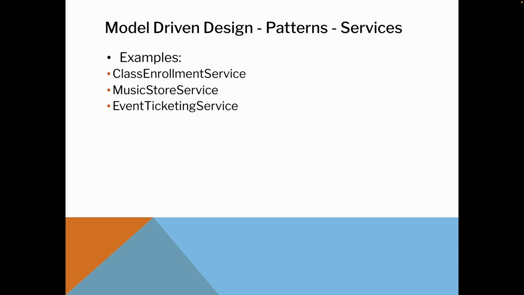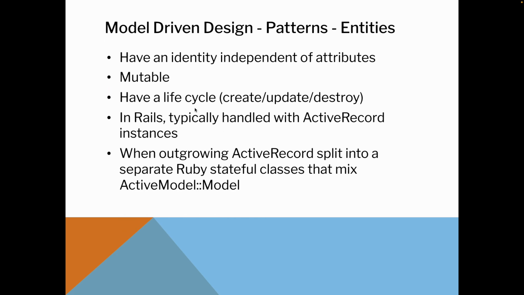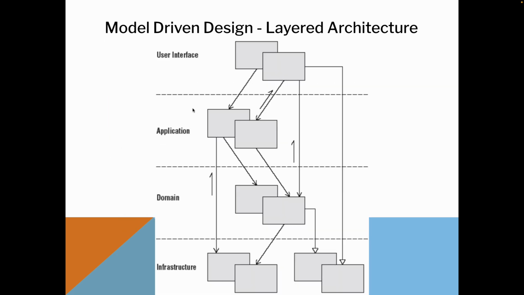Okay. So we have a class enrollment service, for example, a music store service, and an event ticketing service for the 3 different goals of the system. And if we go back to the layered architecture, these are here at this layer. Because here at the domain layer, we have class, customer, instructor, etc., like those active record entities, basically.